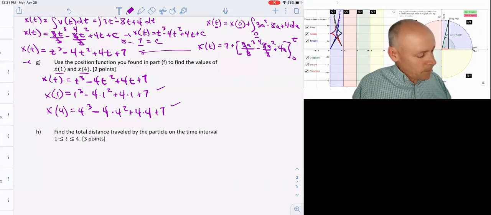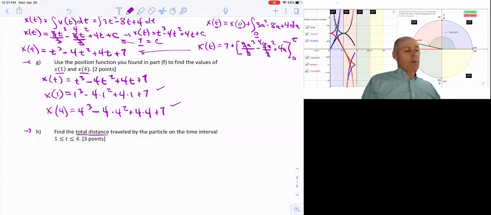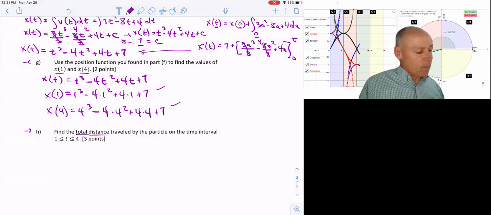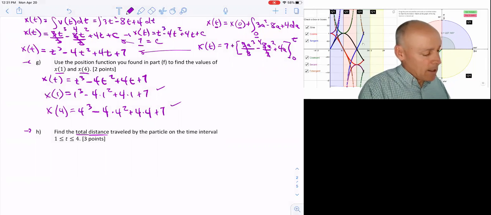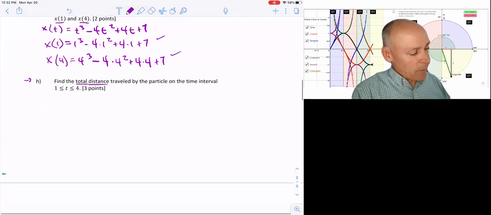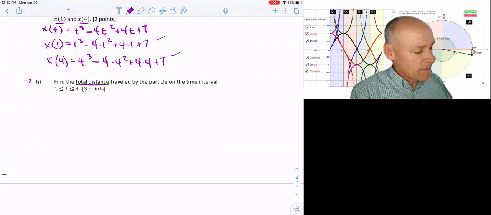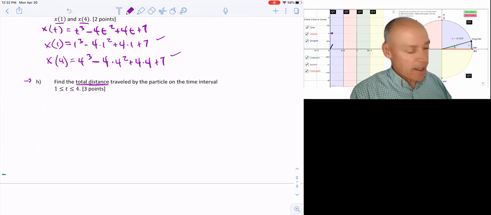And then part H: find the total distance traveled by the particle on the time interval from 1 to 4. Again, there are two ways I can do that. One way would be to treat total distance as an integral.